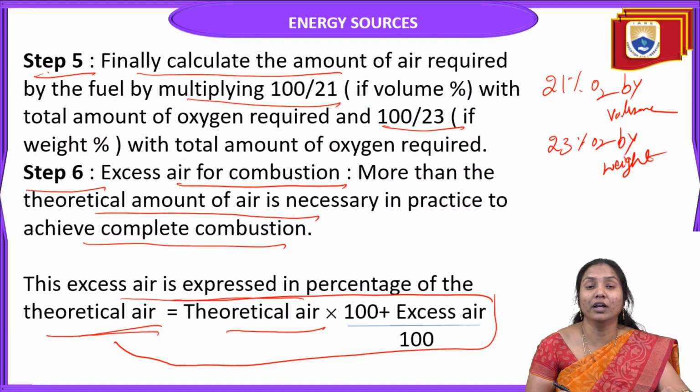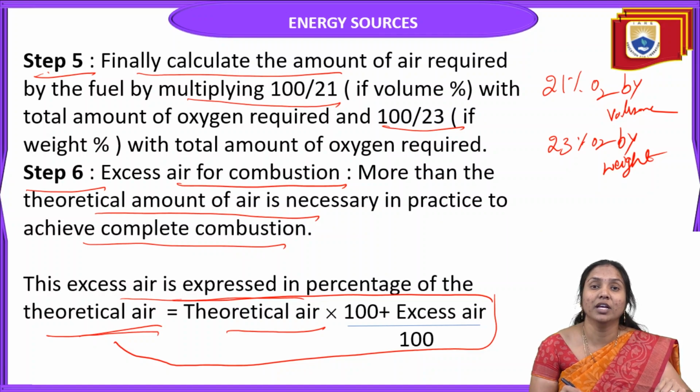Step 3: if oxygen is present in the fuel, we subtract that oxygen from the total oxygen required for combustion of the fuel. Step 4: if non-combustible substances are present in the fuel and given in the problem, we can ignore them because they do not participate in combustion reactions.